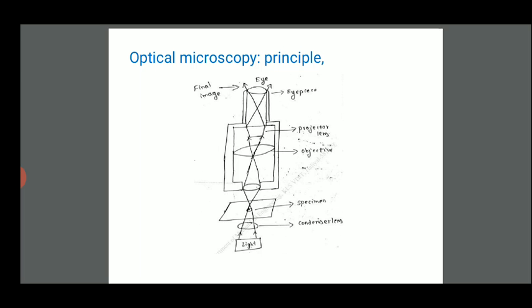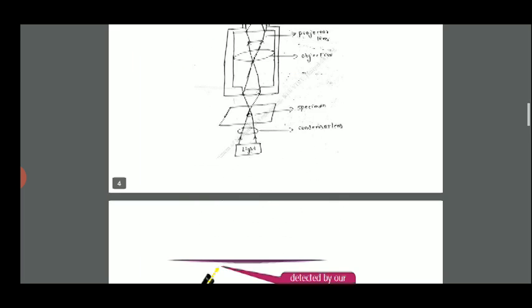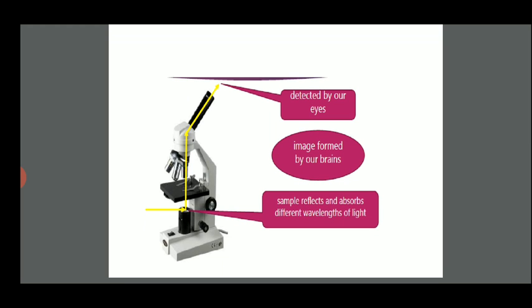And this is the actual image of an optical microscope, showing the place where the sample is to be kept, and the light from that sample is passed through magnifying lenses, and it is seen through the eyepiece from the top.